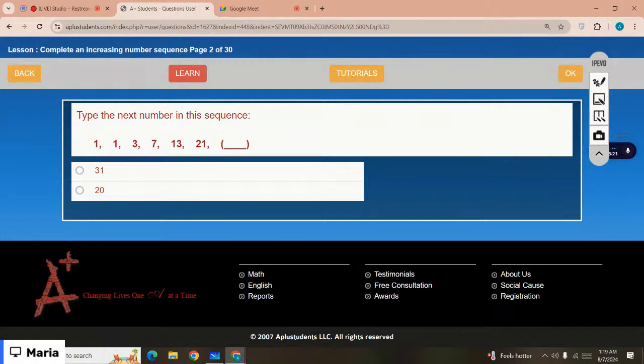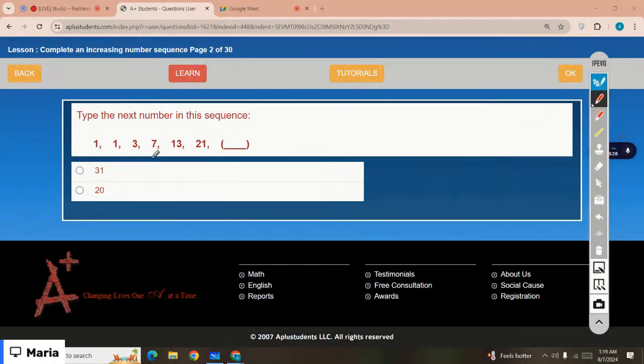Okay, type the next number in the sequence. Let's identify the pattern 1, 1, 3, 7, 13, and 21. So 1 plus 0 is 1, 1 plus 2 is 3, 3 plus 4 is 7, 7 plus 6 is 13, and 13 plus 8 is 21, right? So you can see the number you are adding is increasing by 2 every time. So the next number you are going to add is 10. Got it?